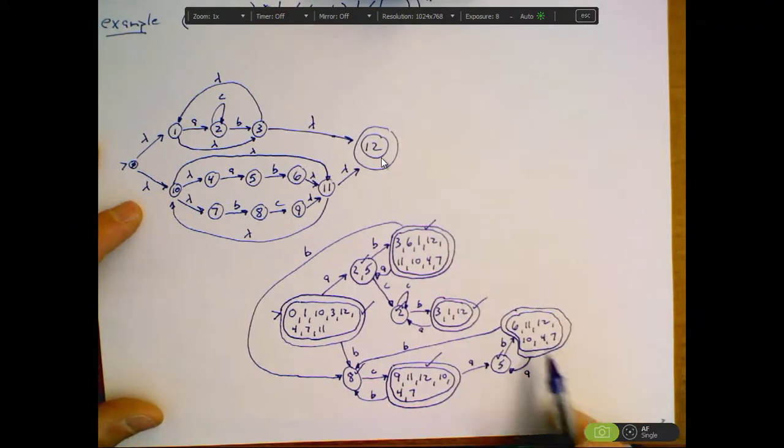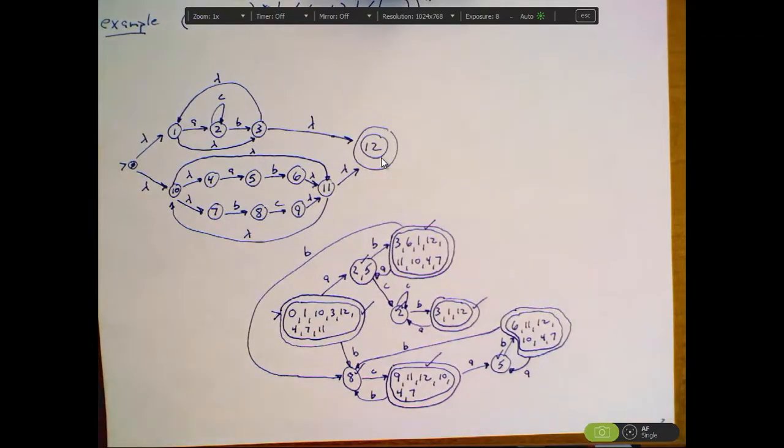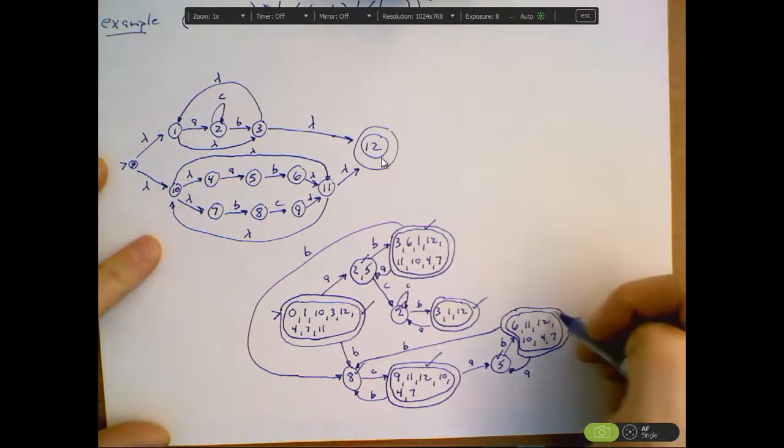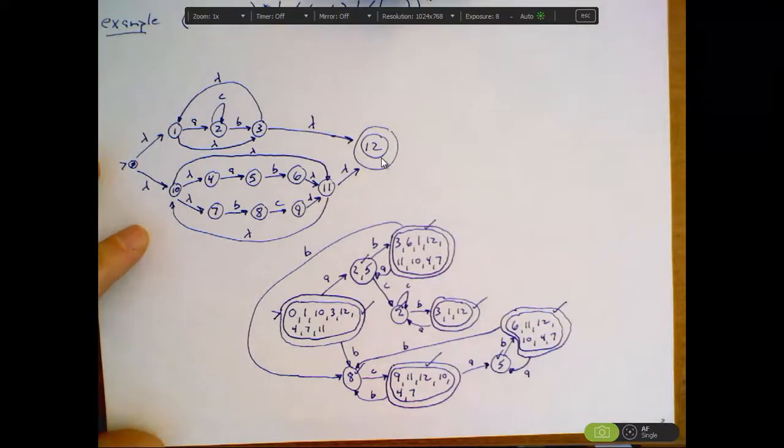Again, 4 and 7 is where the action is. All the rest, the other 4 states only have lambda arcs, and C is not an option for 4 or 7. Okay. So, that finishes the last set that needs to be processed.